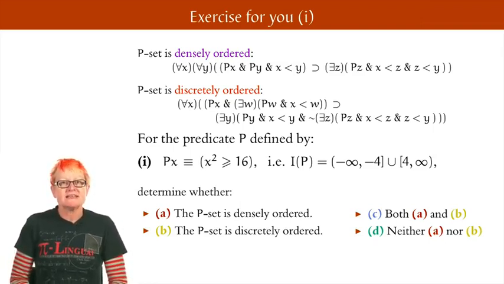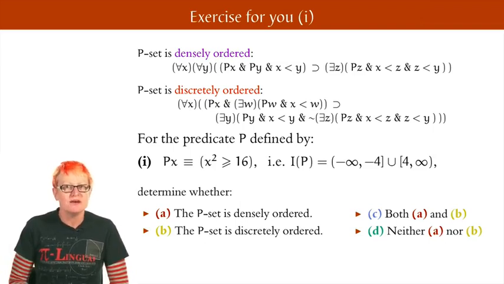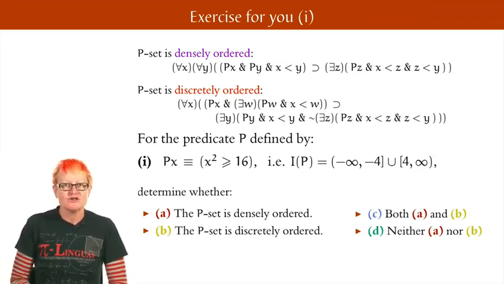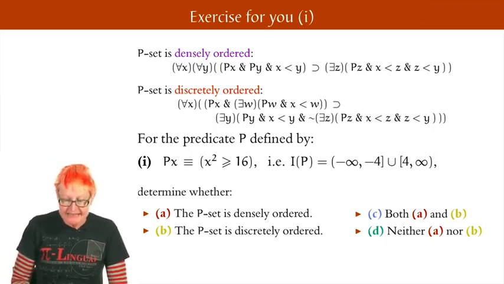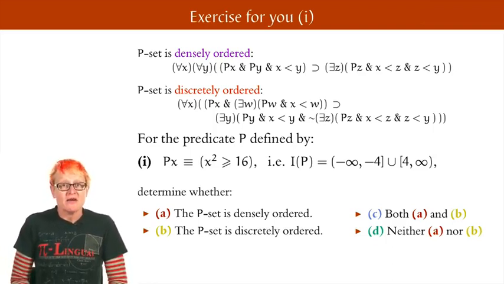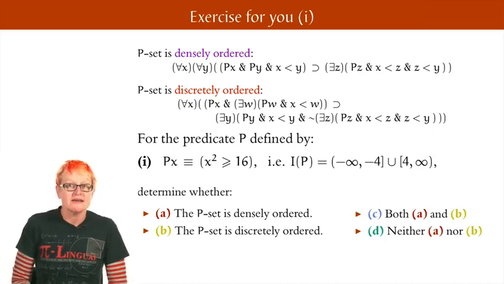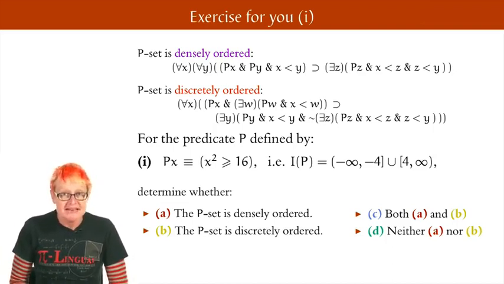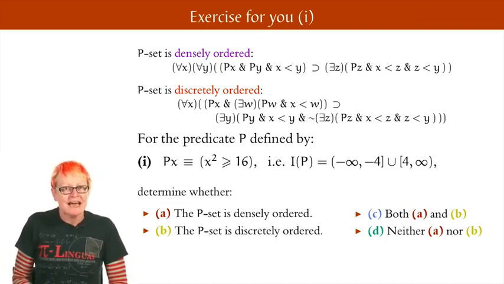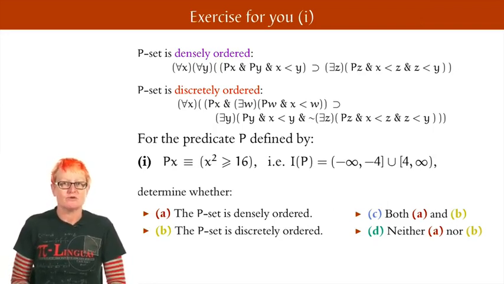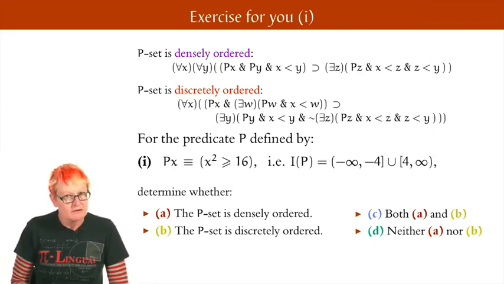So the P set is the union of two infinite intervals with a gap in between. Now, determine whether A, the P set is densely ordered, B, the P set is discretely ordered, C, the P set is both densely ordered and discretely ordered, or D, the P set is neither densely ordered nor discretely ordered. You have a go.